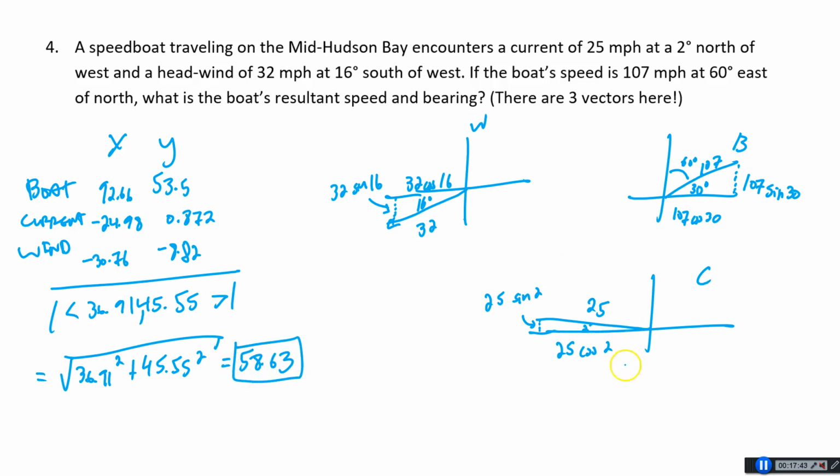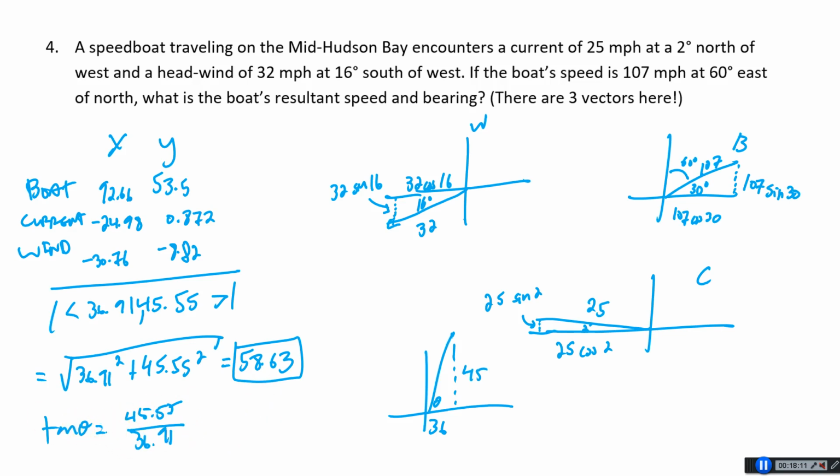And for the bearing, if we're positive here, we're still going into the first quadrant. So we have 36 and 45, so a little bit more up than out. So this is 45, this is the 36. This is theta. So I'm going to do tan theta is going to be y over x, so it's 45.55 divided by 36.91.